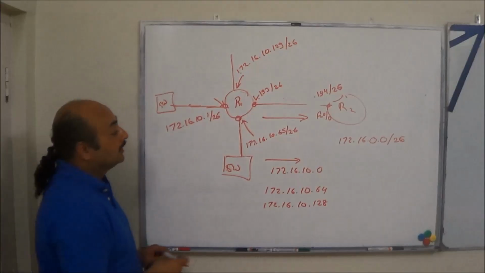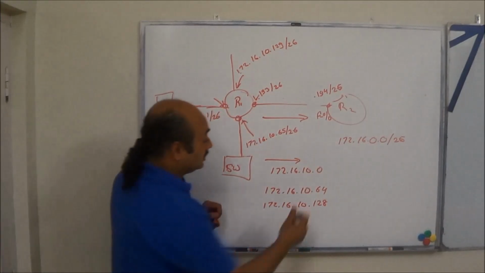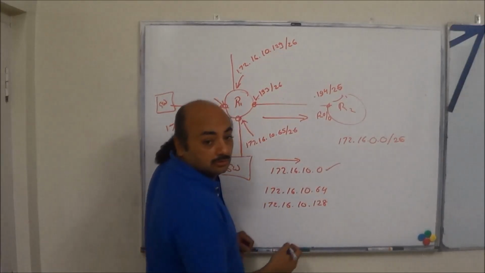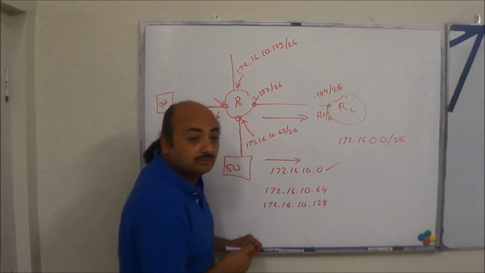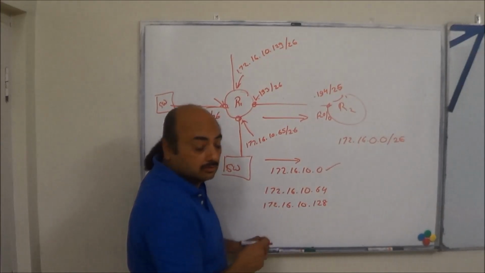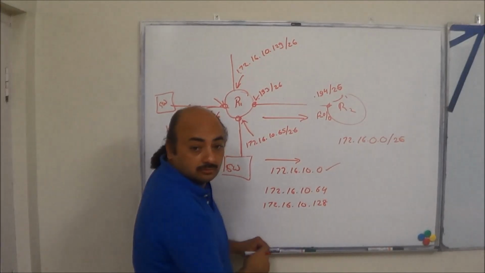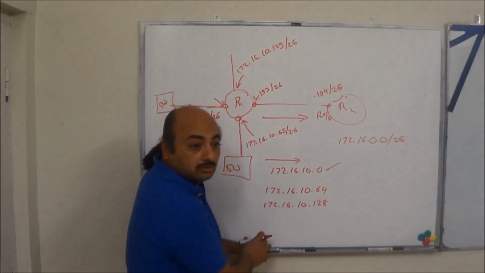And we applied the subnet mask of /26. We said, okay, this is good. So what is this? 26 bits. This is again 26 bits. Good. 128 followed by 0. These are all fine.